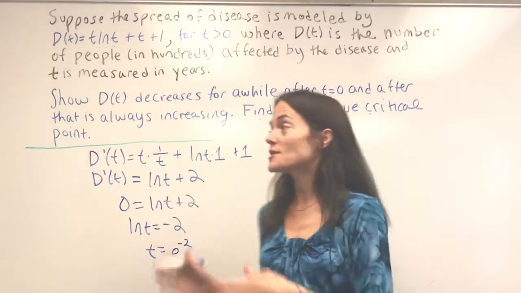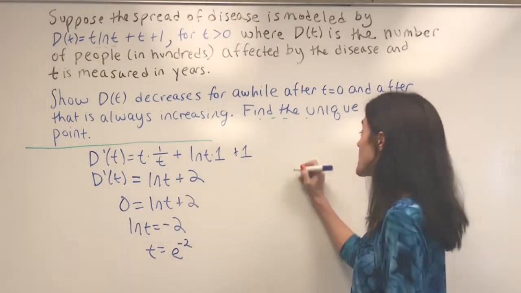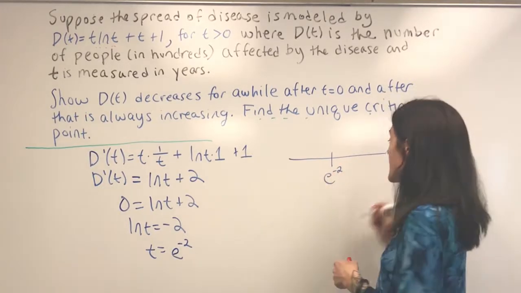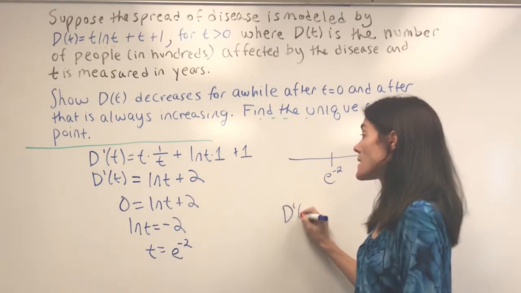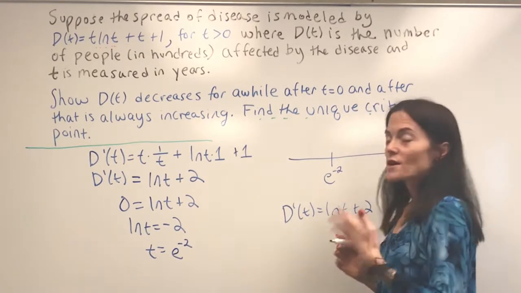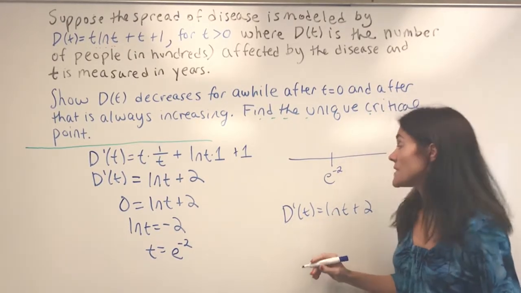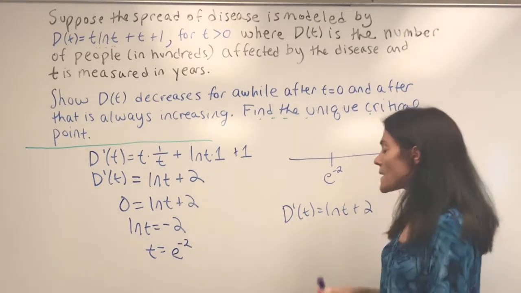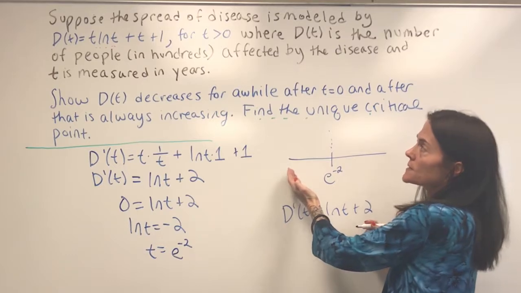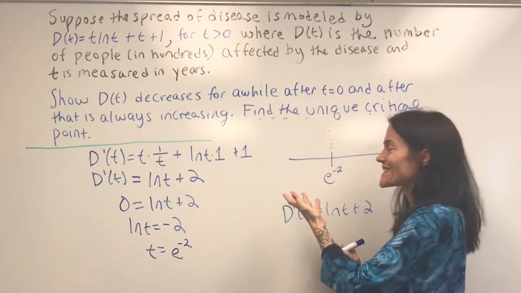But now for the part to show it is decreasing and then increasing, I need to evaluate the first derivative and see where it is positive, where it is negative. Okay, well, you know what I can do here? So this is where it's 0. I need something over here, but this must be a positive number or else it's not in the domain.